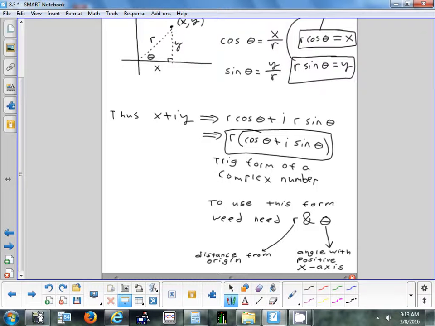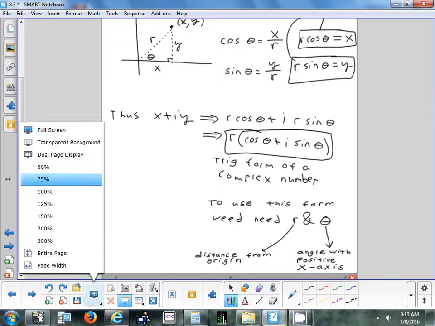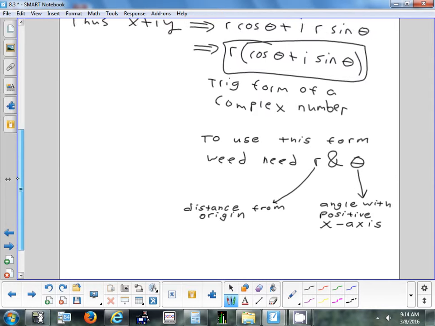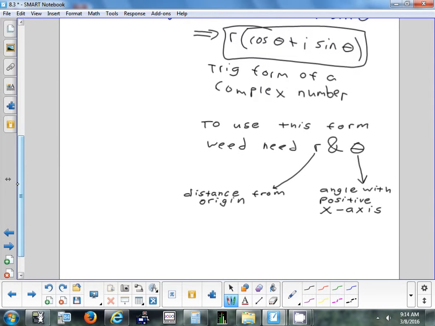Right, so when you write a complex number in trig form, that's a final answer. Let me show you how a final answer would look. Let's say you had a radius of 2 and an angle of 45. If you found that that was your radius and that was your angle, this would be your final answer: 2 cosine 45 plus i sine 45.